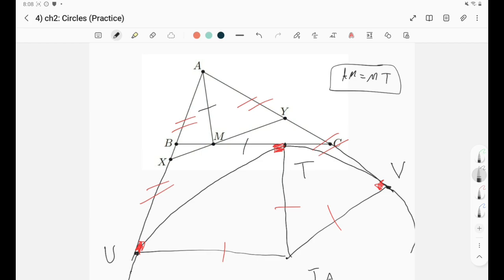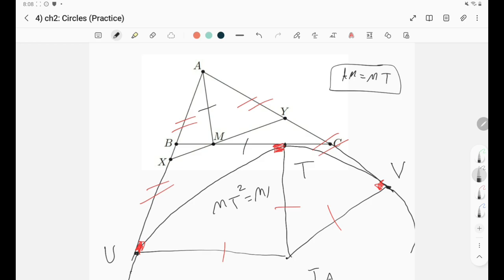Well, if you look at this diagram right now, and because MT is a tangent of this circle, you might be thinking about something like MT is the tangent. So by power of a point, we know that MT squared is the power of point M with respect to the A-excircle, right?